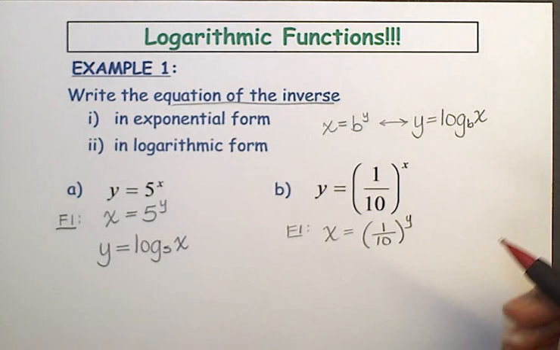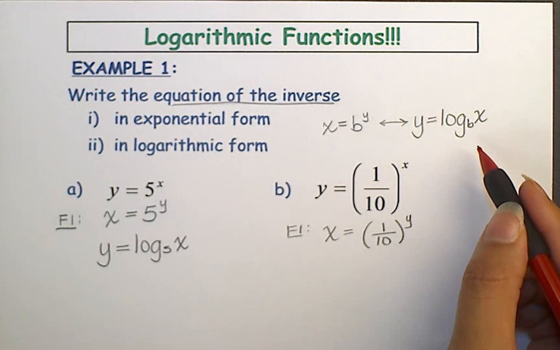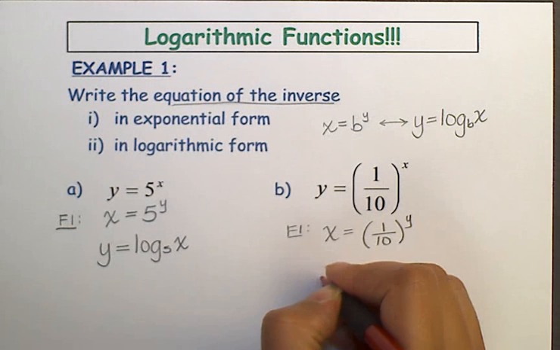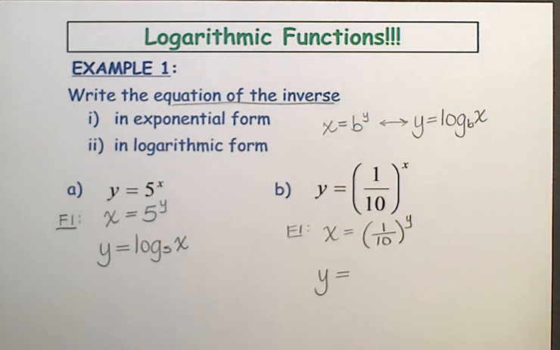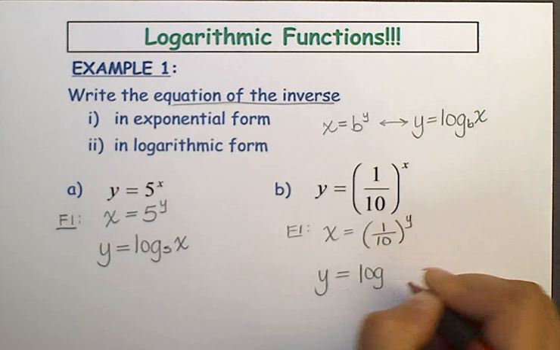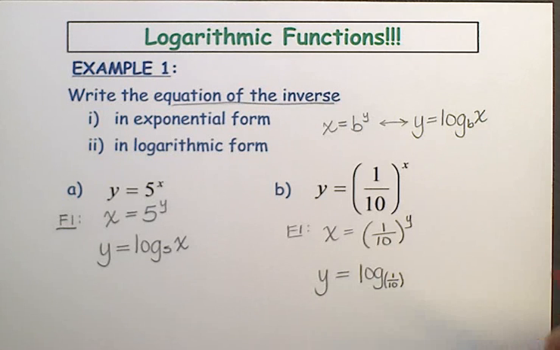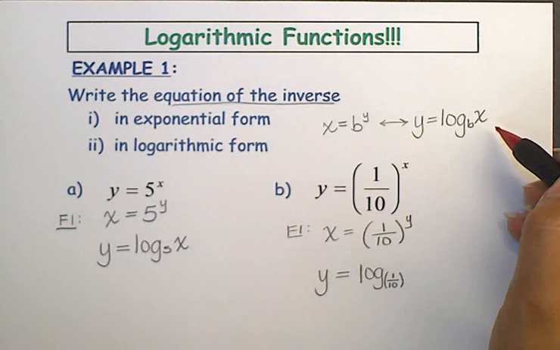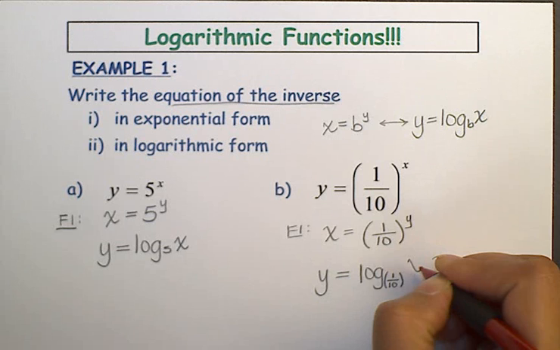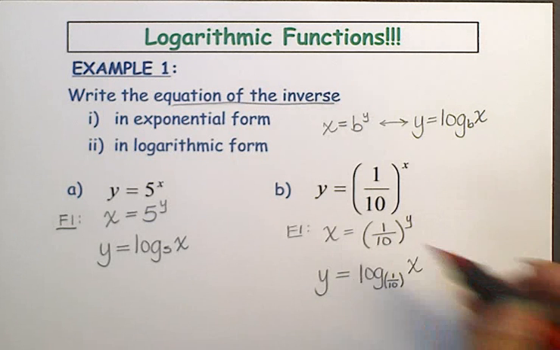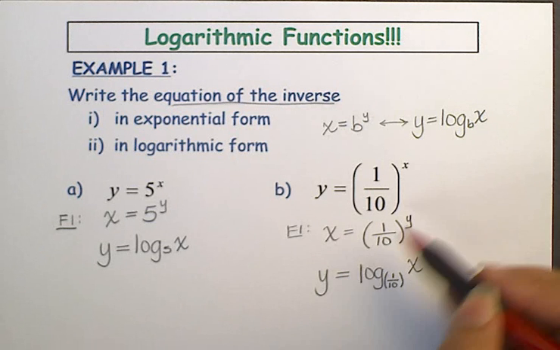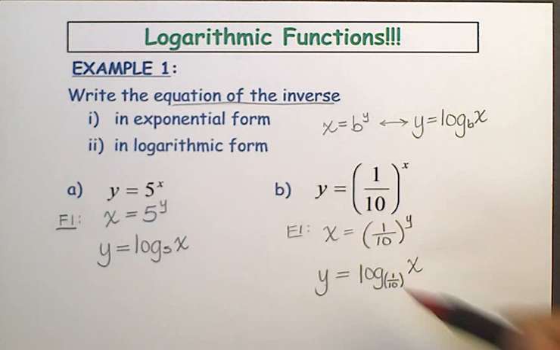And in logarithmic form, the exponent that I'm looking for is y. Log of, the base that I have is 1 over 10. And the answer that I'm going to get when I evaluate that is x. Okay, so here's the answer. There's the exponent, and the bases are there as well.